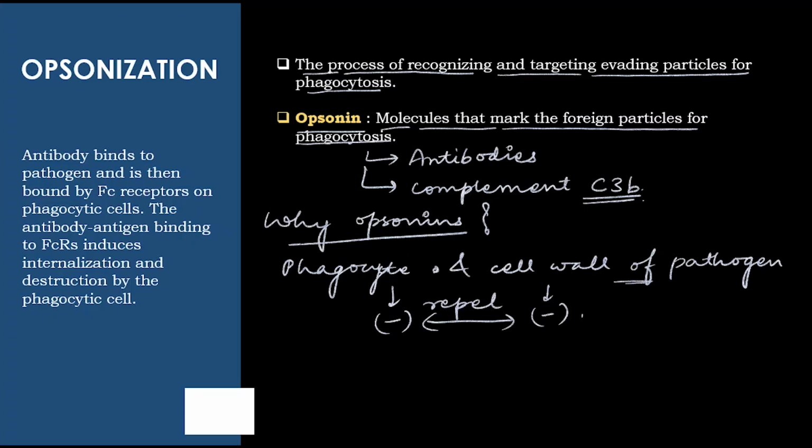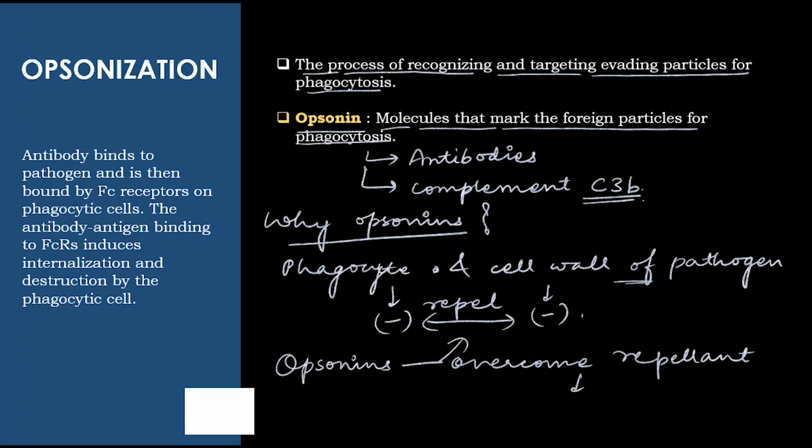So these opsonins are required so that they can overcome the repellent force present between the phagocyte and the cell wall of the pathogen, and promote the uptake of the pathogen by macrophages or phagocytic cells. Okay, so that's why opsonins are required.